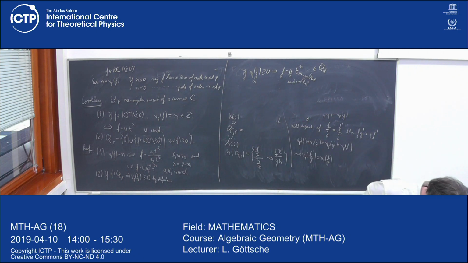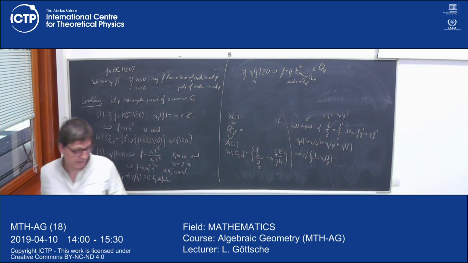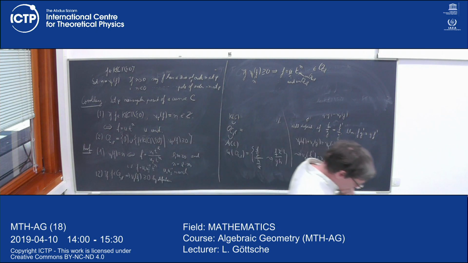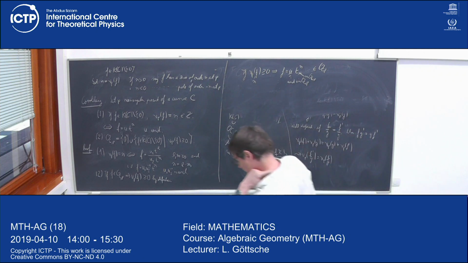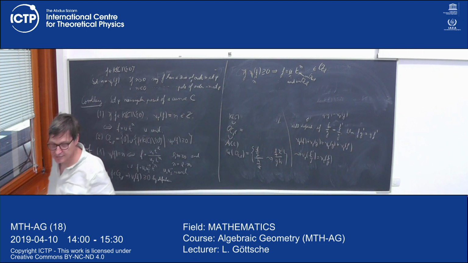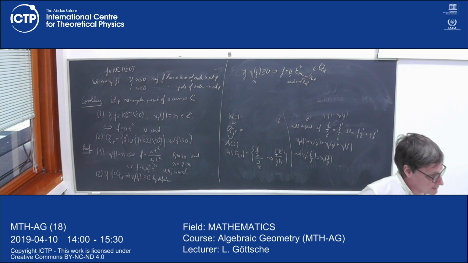I want to give one small geometric application of this. I want to show that if I have a rational map from a non-singular curve to a projective variety, it always is a morphism.